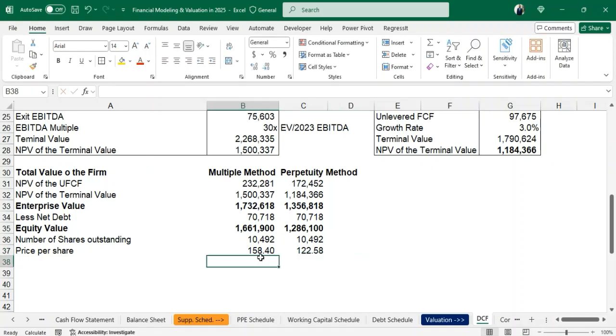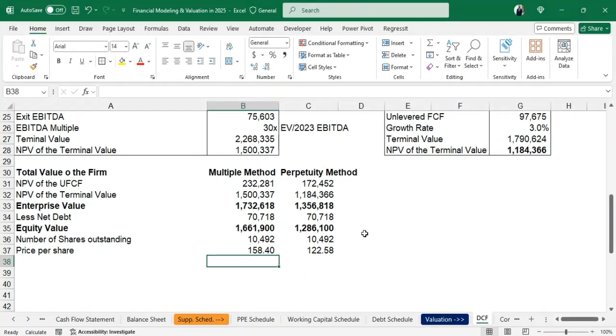So you could see that the share price, or the price per share, the value of the business under the multiples method and the perpetuity method are very different. Now, this is very significant because whereas the perpetuity method is based on cash flow projections and some low growth rate assumption, the multiple method is largely market driven.